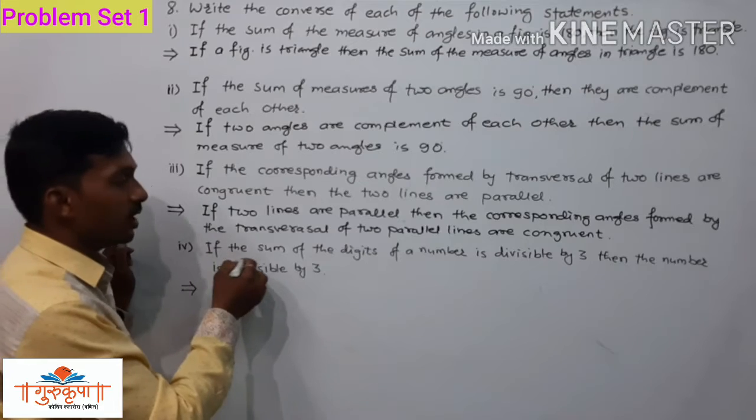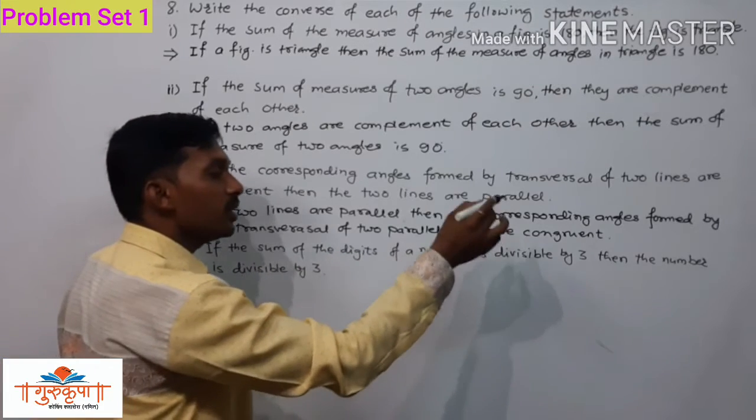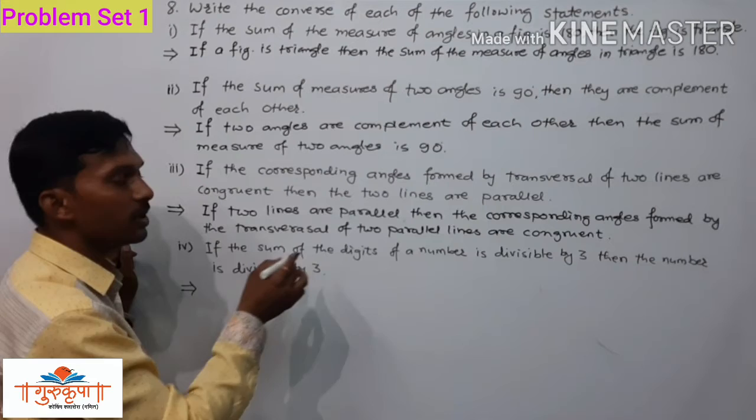Here the statement is, if the sum of the digits of a number is divisible by 3, then the number is divisible by 3.